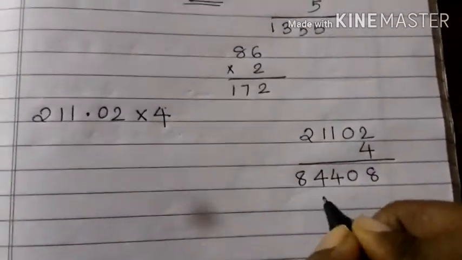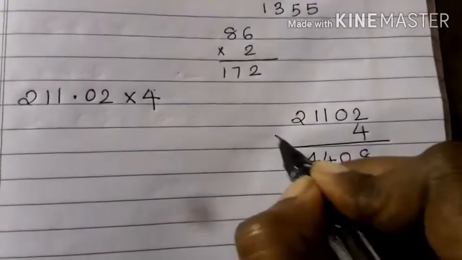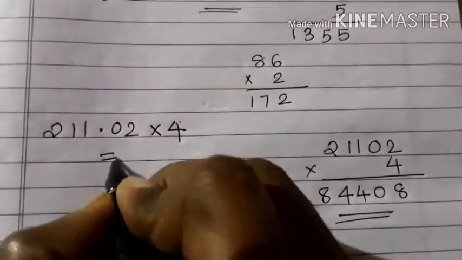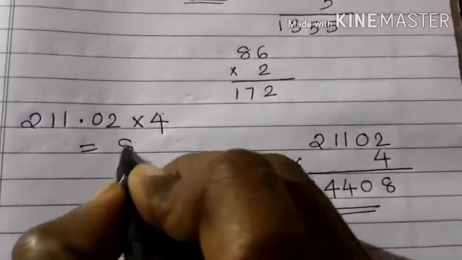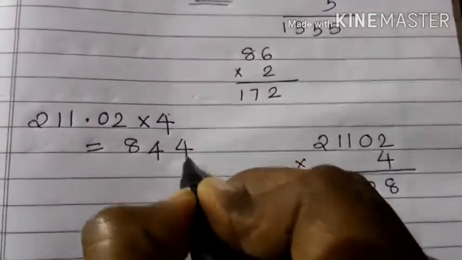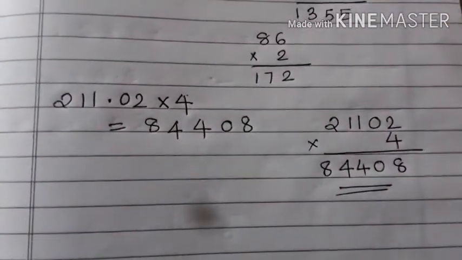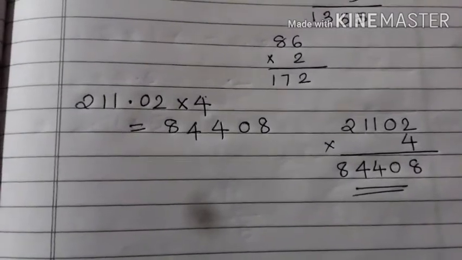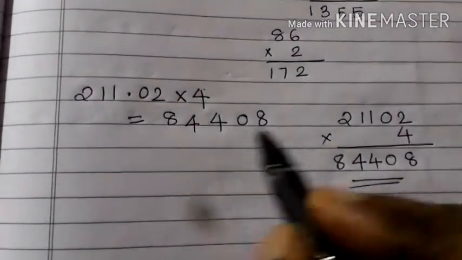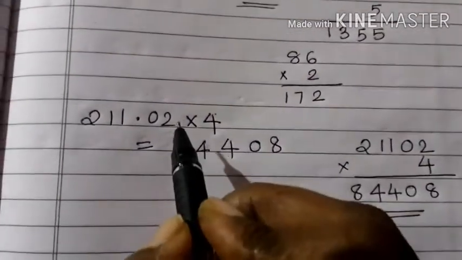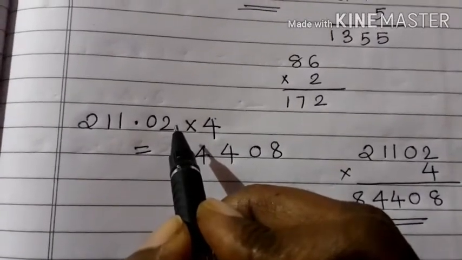80448. So we get the product 84408. Write the product. Then we put the decimal point in this product. We count the decimal places from the right.